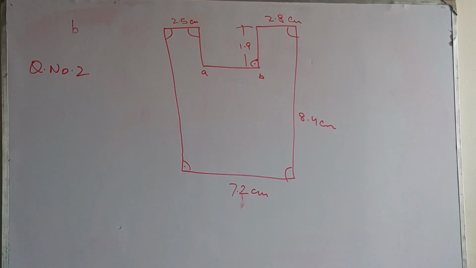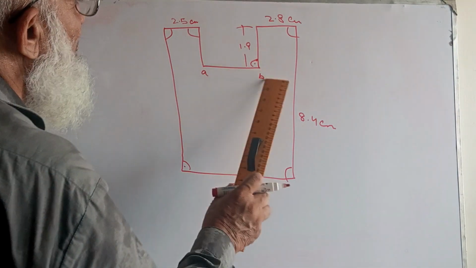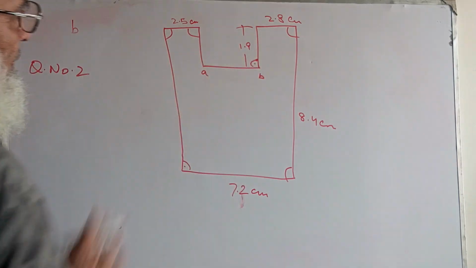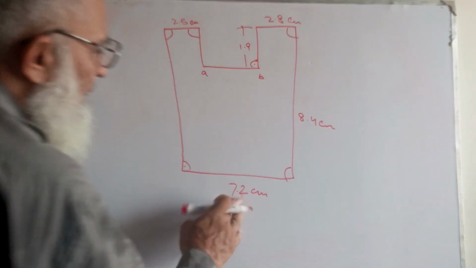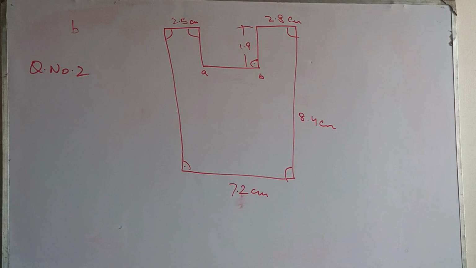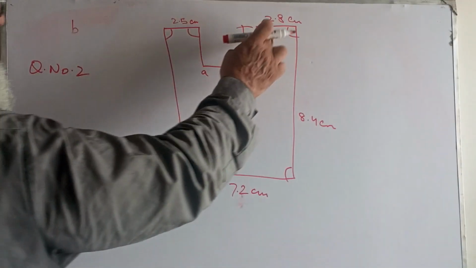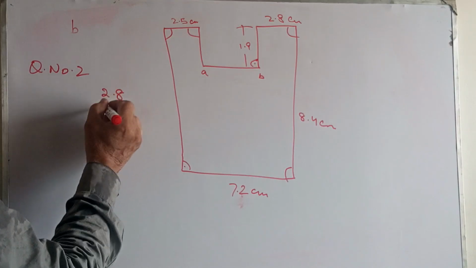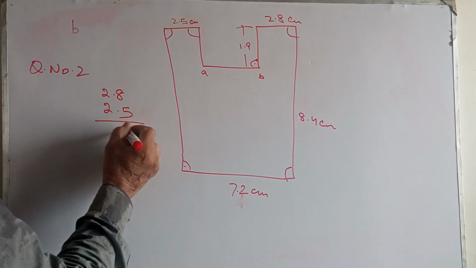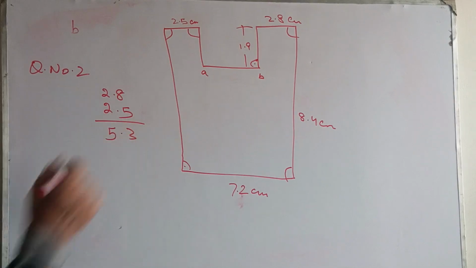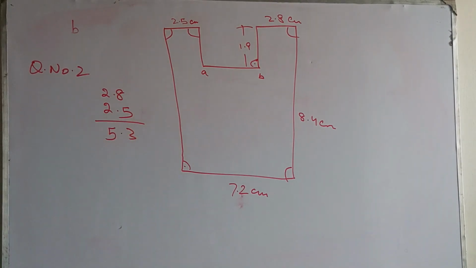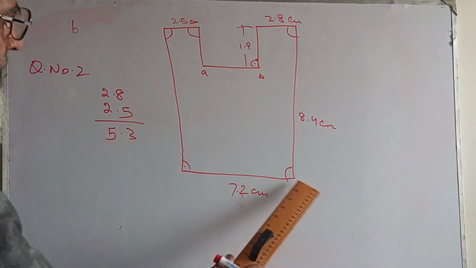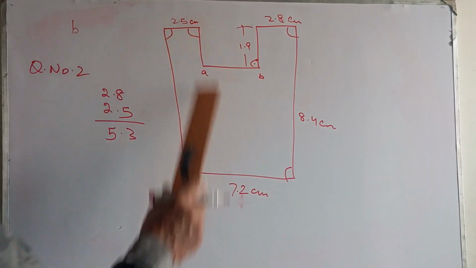It is very simple how we'll find A and B, because this measure is not given, but you see that this measure is given. Now we'll add this 2.8 and 2.5. It will become 5.3 centimeter. Now you see that these are all parallel and at right angle.